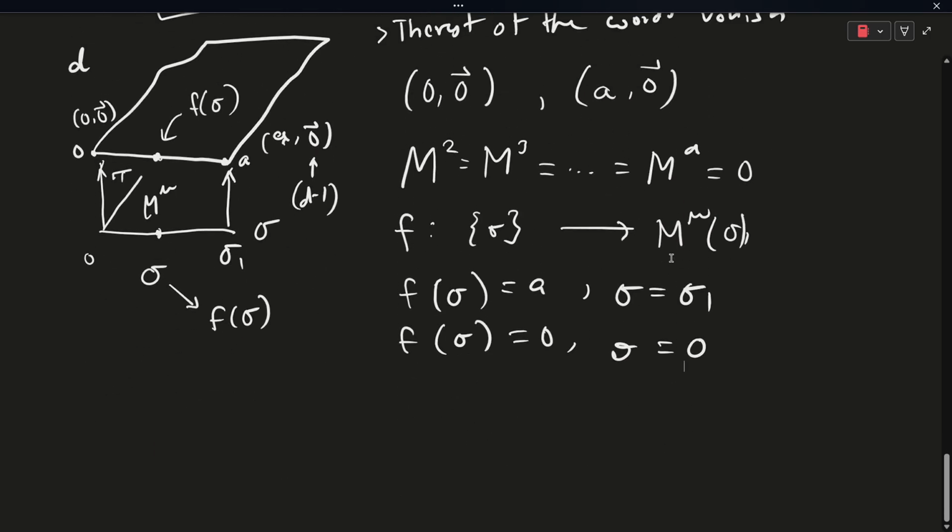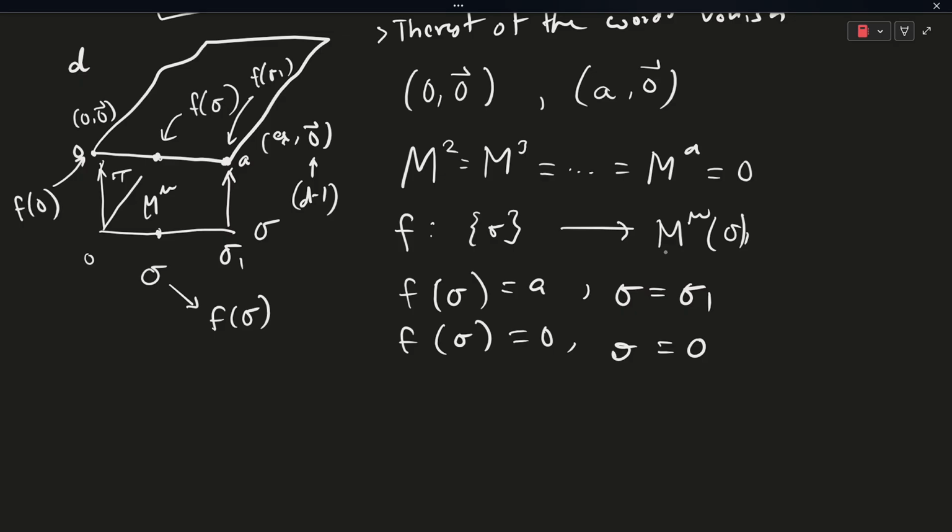Okay, so essentially this point over here, A, is described as the spatial vector A and then 0. The 0 vector would essentially be my f of A, so this over here, f of sigma 1. And this point 0 on the world sheet would be my f of 0.